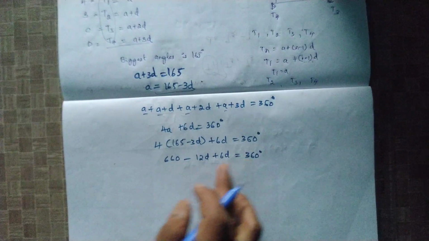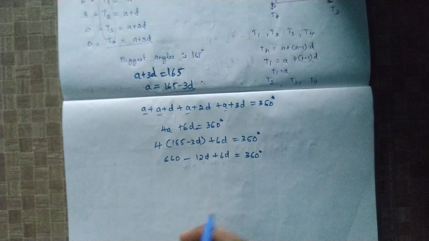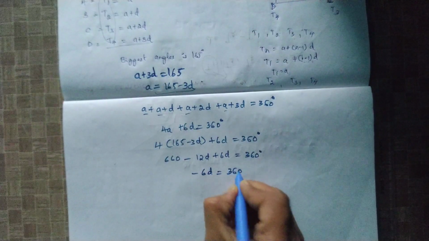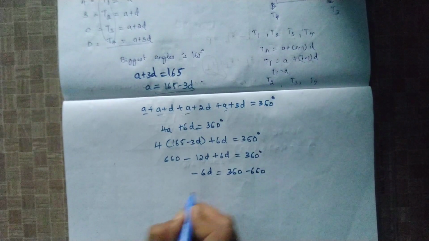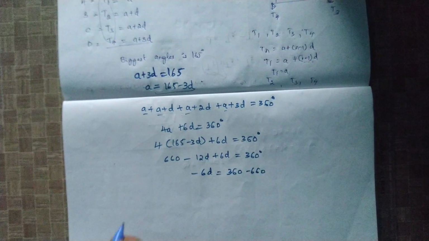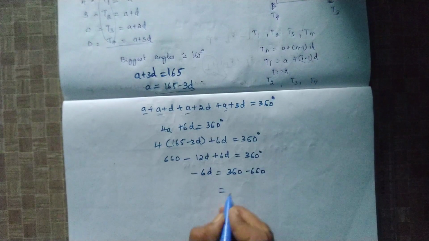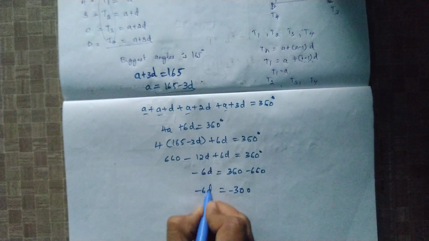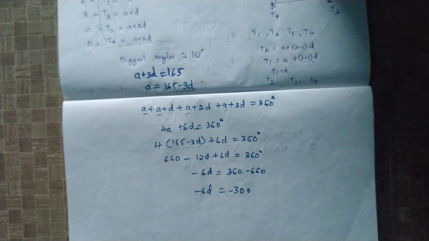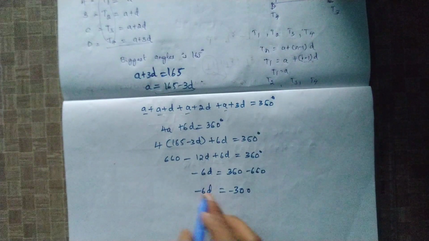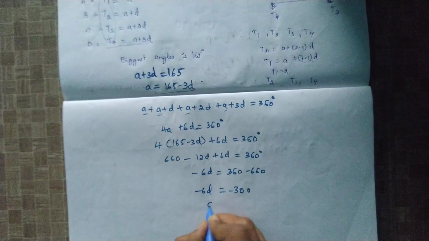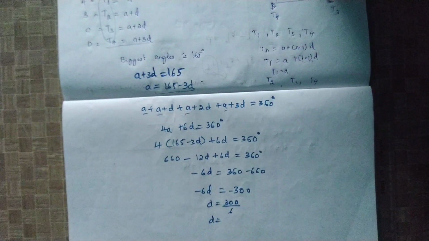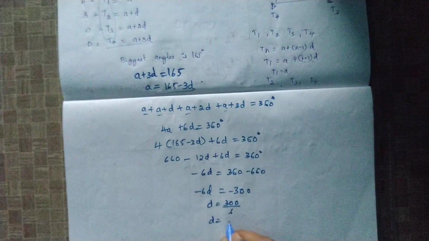We subtract 660 from 360, so minus 6D is equal to 360 minus 660, which is minus 300. Minus 6D is equal to minus 300. Then we divide minus 300 by 6. D is equal to 300 divided by 6. The value we get for D is 50.